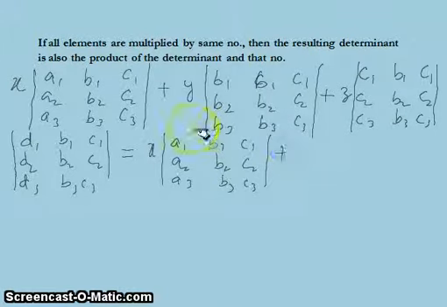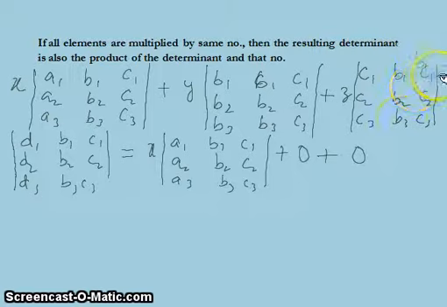In the second determinant, containing y as a constant, column number 1 contains b1, b2, b3 and column number 2 contains b1, b2, b3 again, so they are identical. As stated by the property of determinants, if any two rows or any two columns are identical, then the determinant value is 0. Similarly, the third determinant is also 0, since column number 1 and column number 3 are identical.